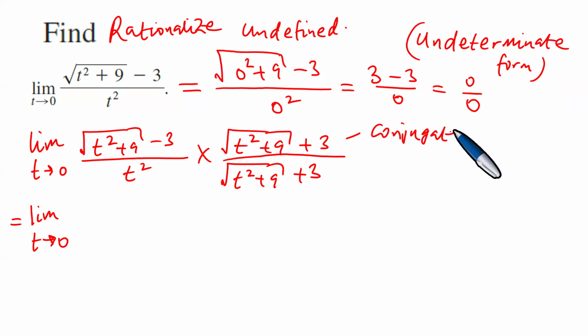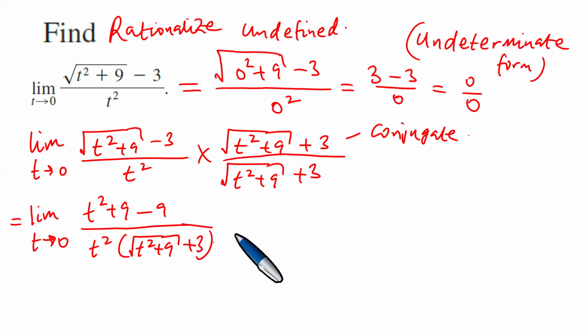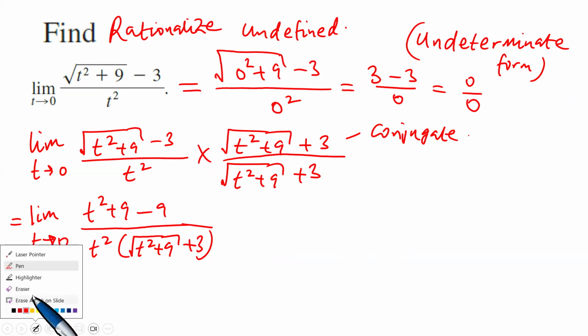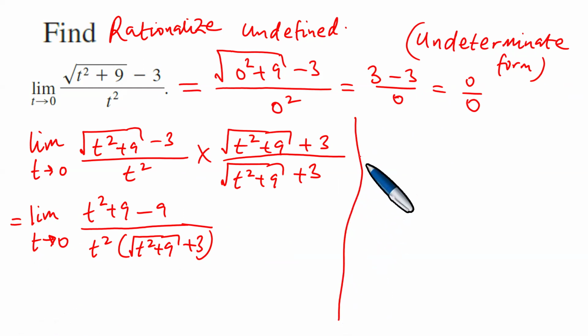If you multiply the square root by the square root, you get t squared plus 9 minus 9, divided by t squared times the square root of t squared plus 9 plus 3. So we continue.